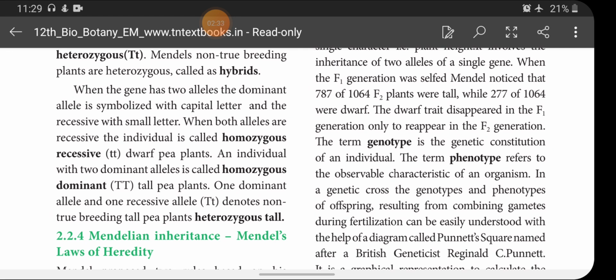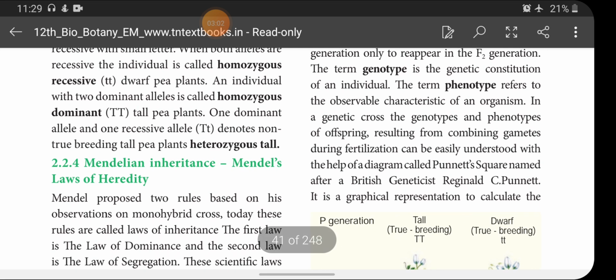So if it is a dominant trait, the alleles are capitalized, both the alleles are in capital. Homozygous recessive is the dwarf pea plant. Homozygous dominant is the tall plant.